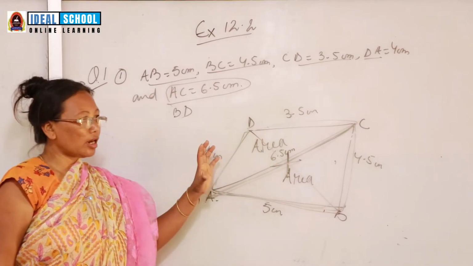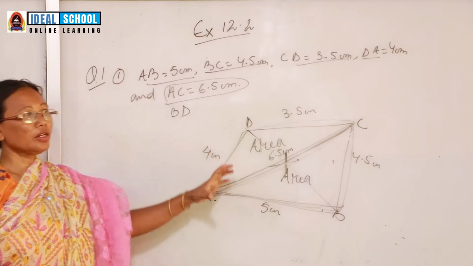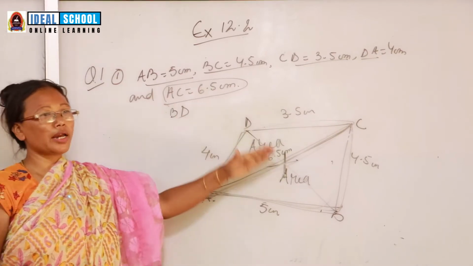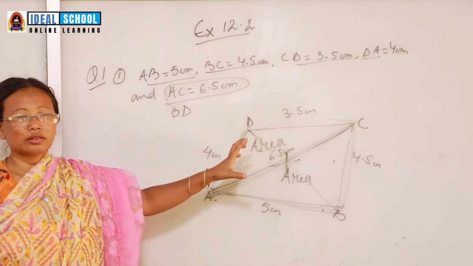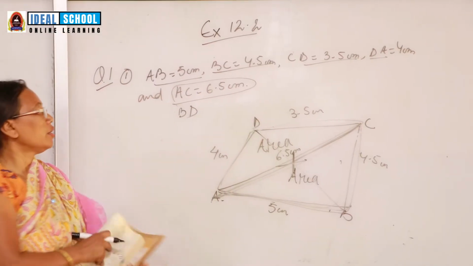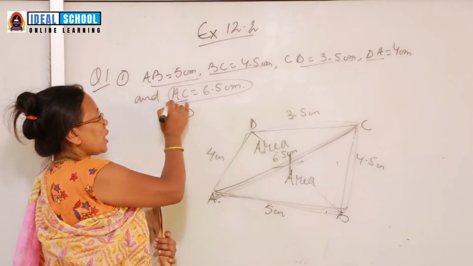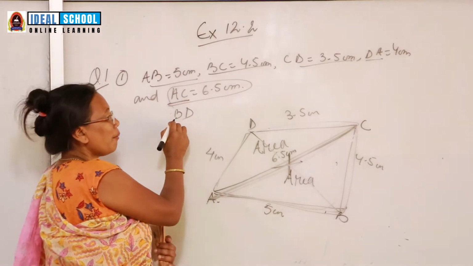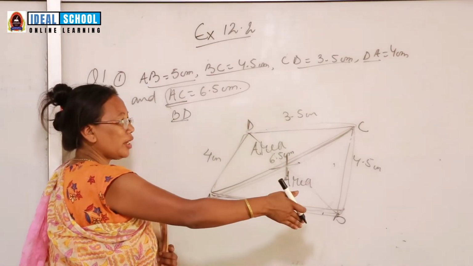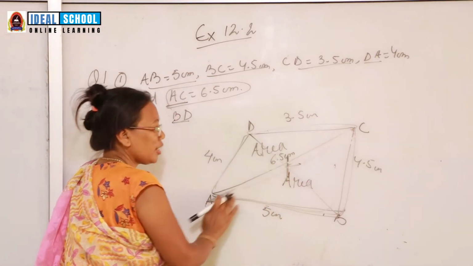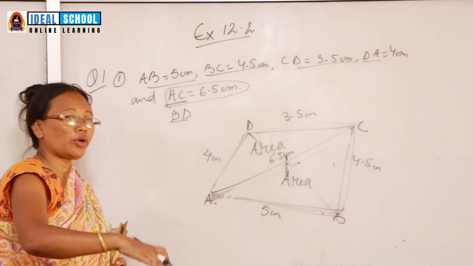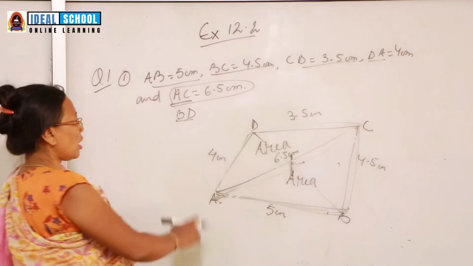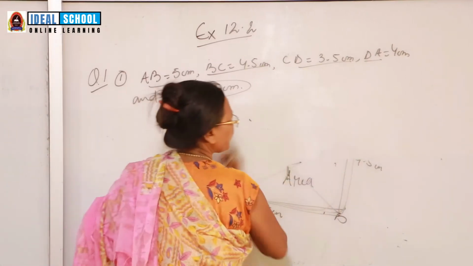Among the two diagonals, one diagonal divides a quadrilateral into two triangles. Don't forget that. That's why if BD is given instead of AC, you have to join BD, not AC, and then you can surely see two triangles. Then you can apply the formula. Now let's calculate for this one.